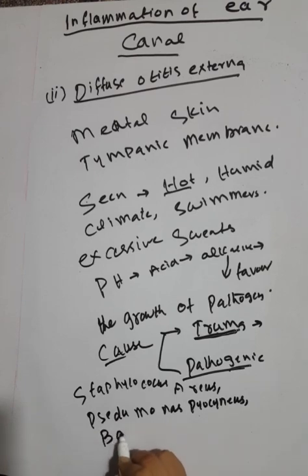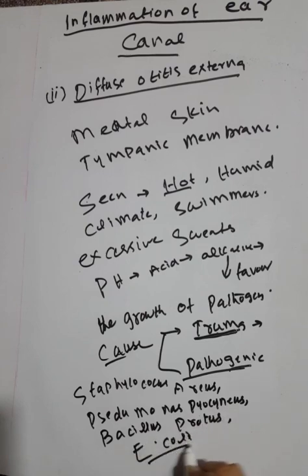Bacillus proteus and E. coli can also cause the pathogenic type of diffuse otitis externa.